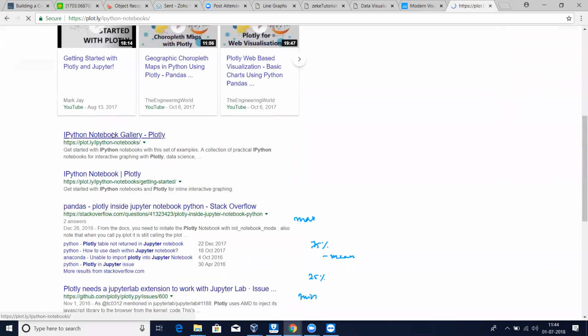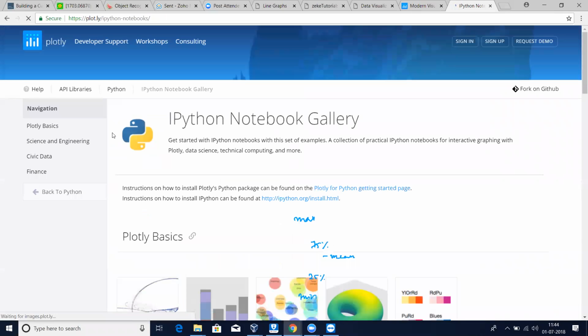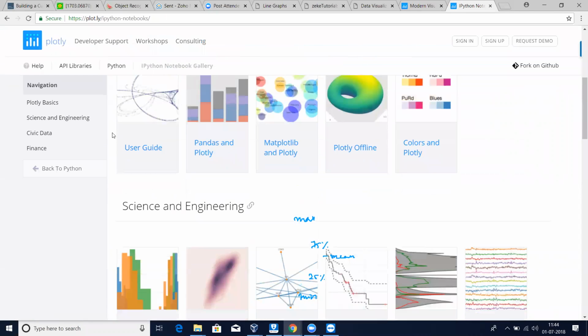Even though it's paid, people are not ready to compromise on the visualizations. Seaborn is another such library, which is free, but a lot of companies use Plotly. But for learning purpose, we can download.